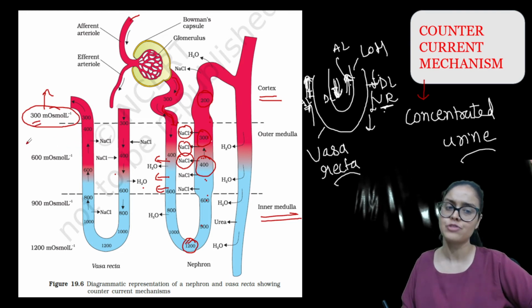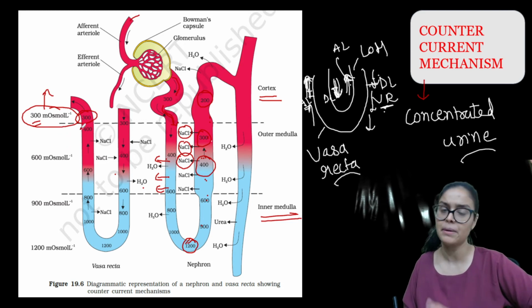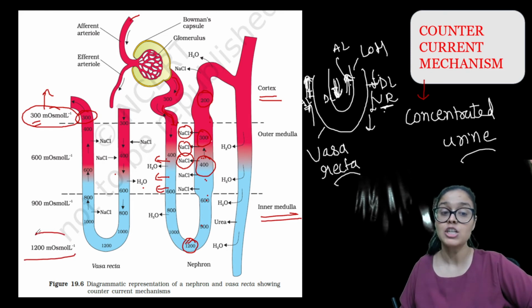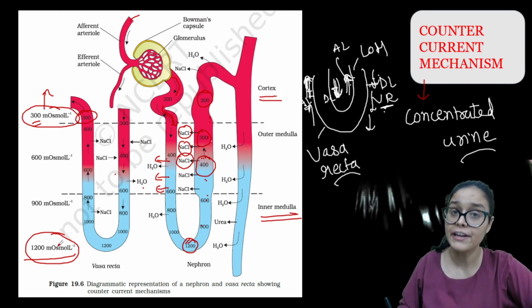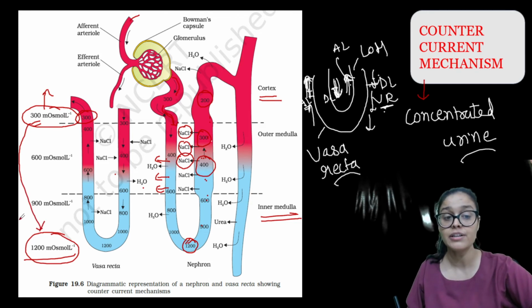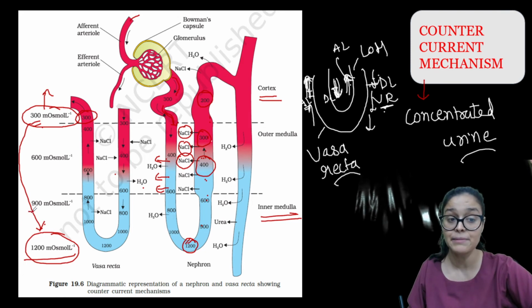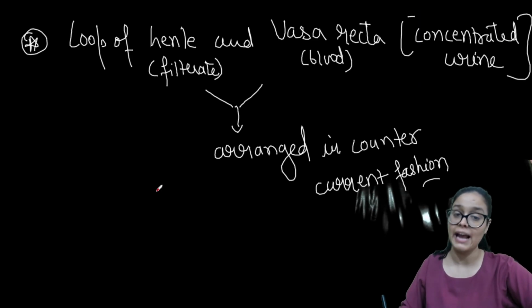Our body fluid and blood also maintain 300 milliosmolarity. But the deep medulla has 1200 milliosmolarity, which is very high, meaning it has various solutes in it. Water is less, solute is more. Cortex has 300, medulla has 1200 milliosmolarity, meaning 4 times more.